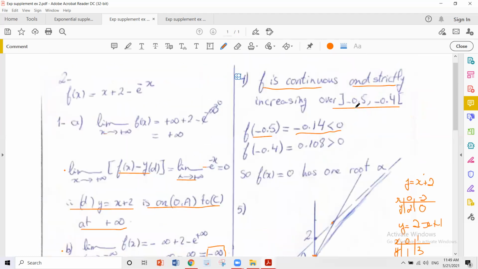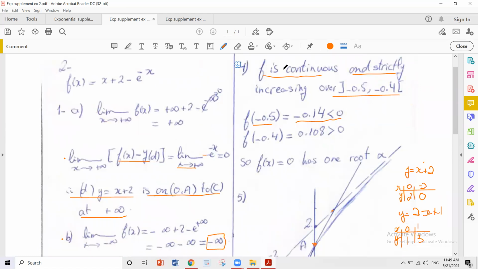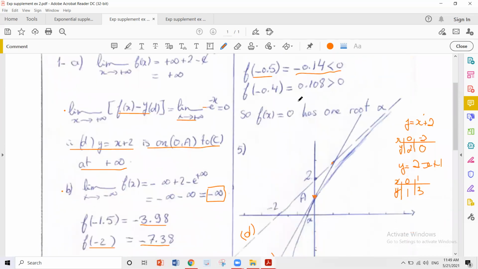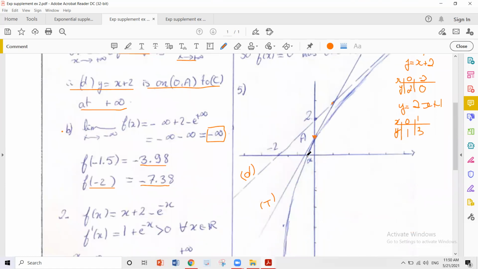Alpha is between minus 0.5 and minus 0.4. This is alpha. The curve is increasing.